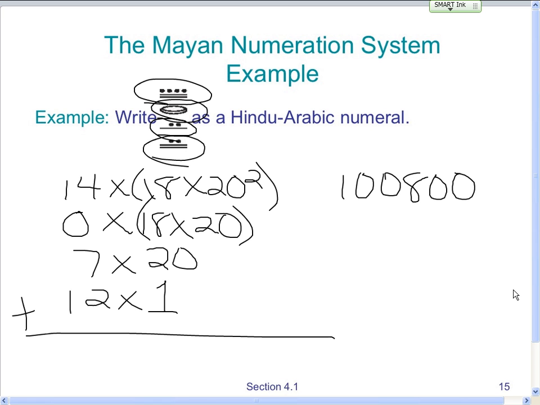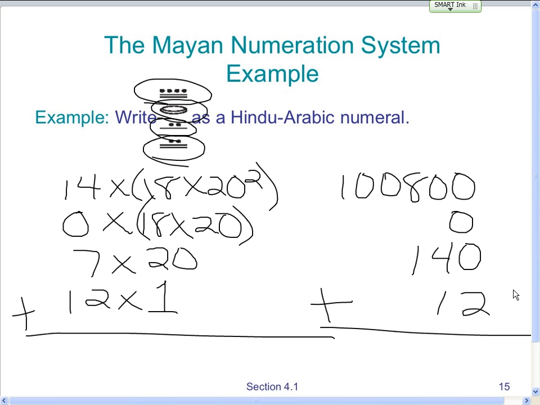Okay. The next one, we have 0 times 18 times 20. That's 0. We have 7 times 20, which is the quantity 140. And we have 12 times 1, which is 12. What we're going to do is we're going to add those numbers up.